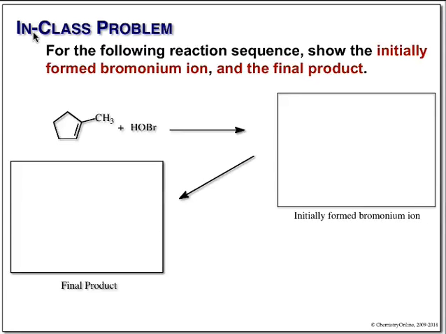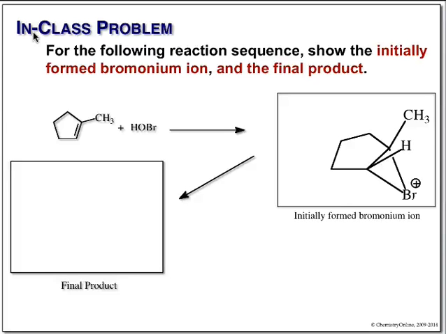When it does, it forms this cyclic intermediate we call the bromonium ion. And it would look like that. Br, simply sitting on our pi cloud, is a little three-membered ring. It has a positive charge, that's why it's called a bromonium ion.